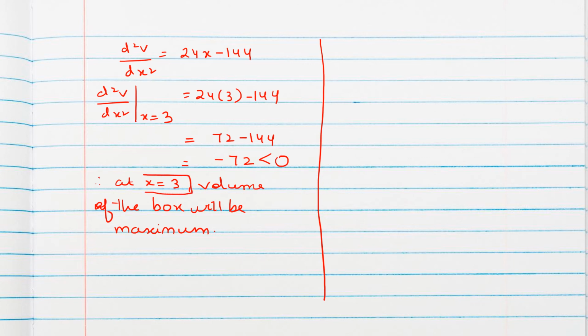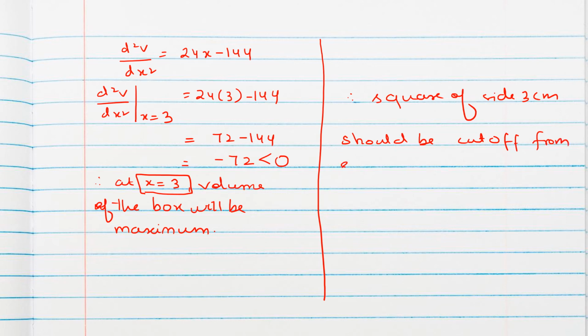We should find the square of the side which is to be cut off from each corner. So therefore, a square of side 3 centimeter should be cut off from each corner to get maximum volume.